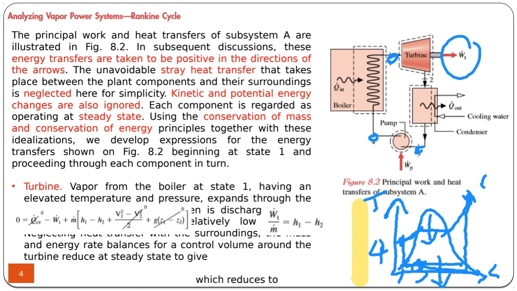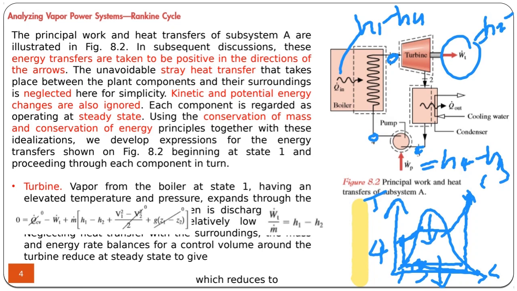So in order to find the pump work, we do H4 minus H3. For the heat addition in the boiler, H1 minus H4. For the turbine work, H1 minus H2.